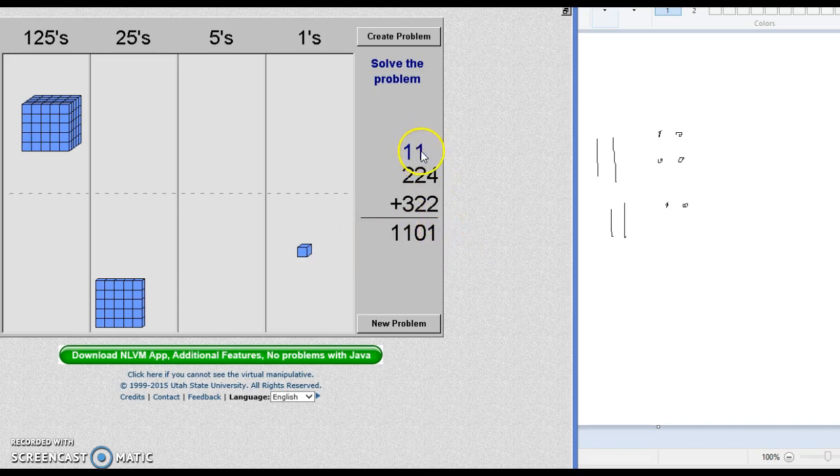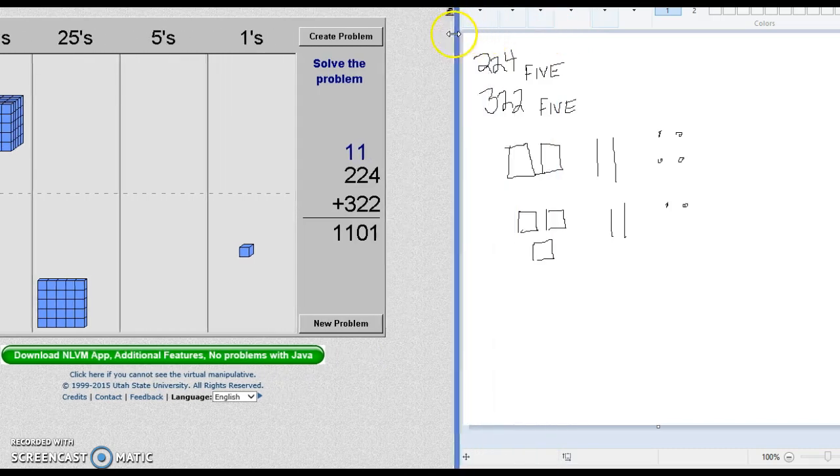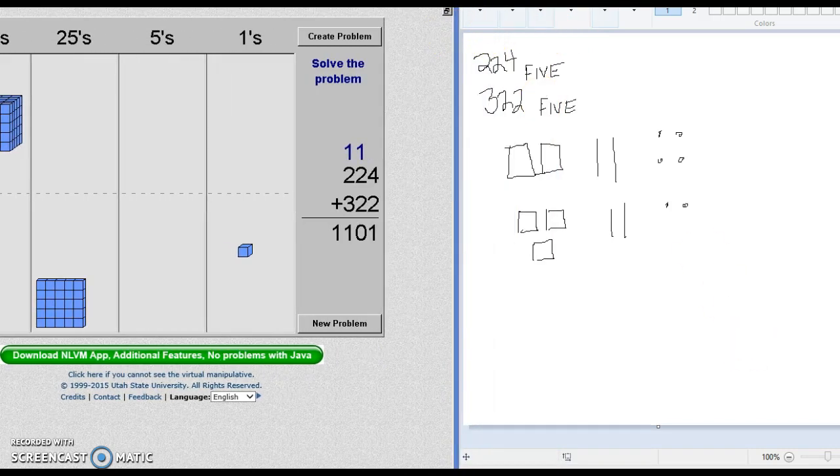And again, you can also see this carrying process that was going on. As I gathered together 5 of the babies, it made a long, and I had to account for that and put that in my column there. So I can do the same thing over here. It's like last time.